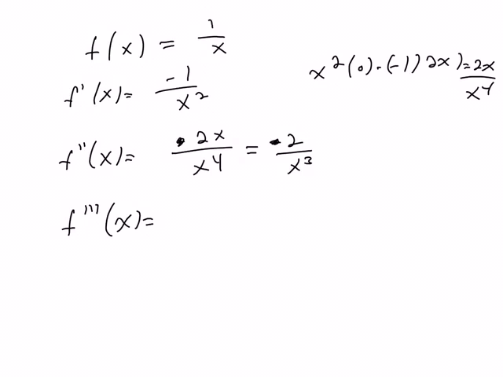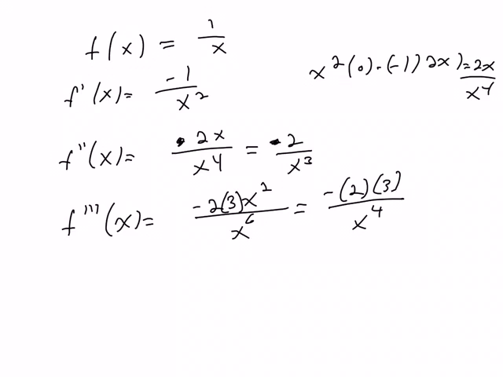And the next time we're going to get 0, and then negative 2 times 3x squared over x to the 6th, which is going to give me negative 2 times 3 over x to the 4th power.